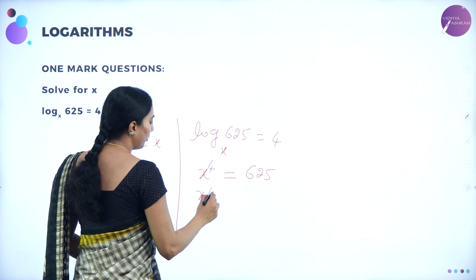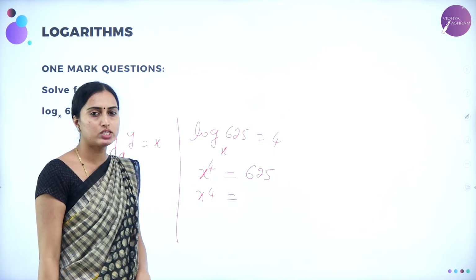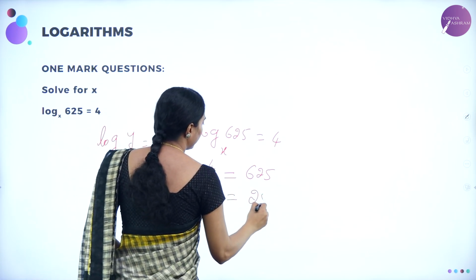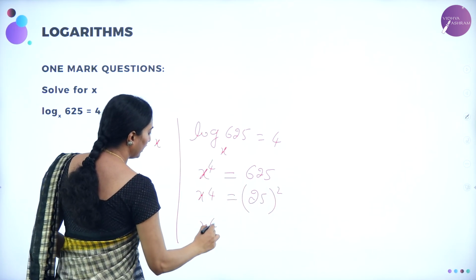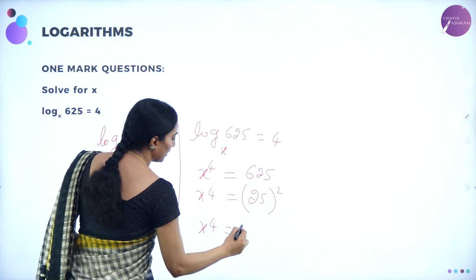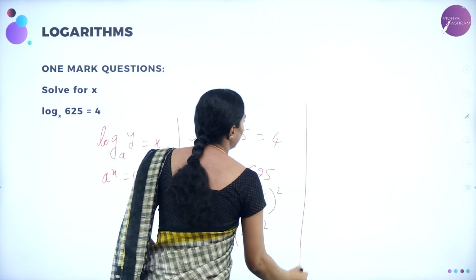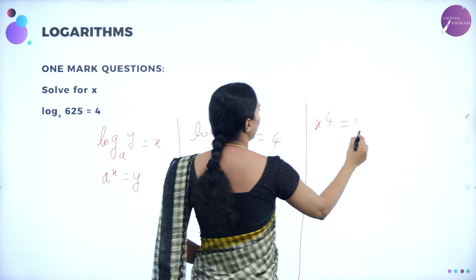Now x power 4 will be equal to, this I can write as 25 whole squared. Now 25 can be written as 5 squared, so 5 squared whole squared. Now 5 squared whole squared, I can write it as x power 4 is equal to 5 power 4.